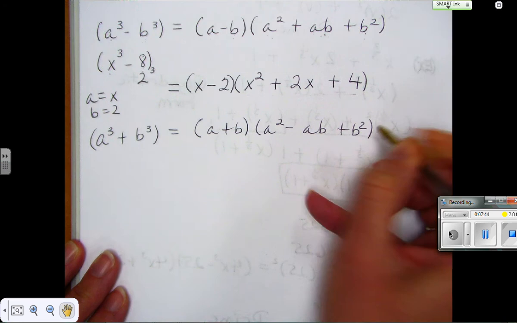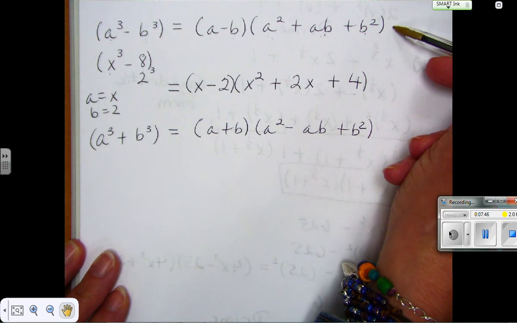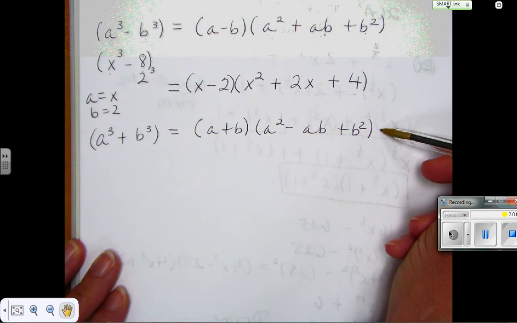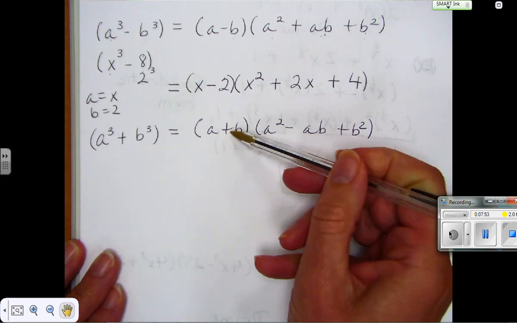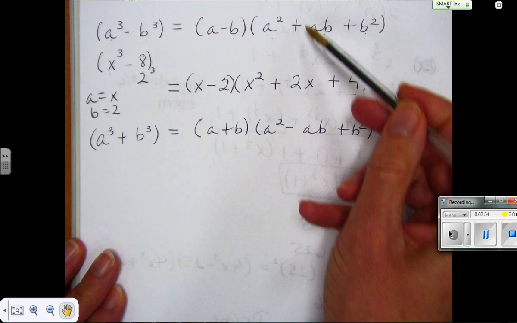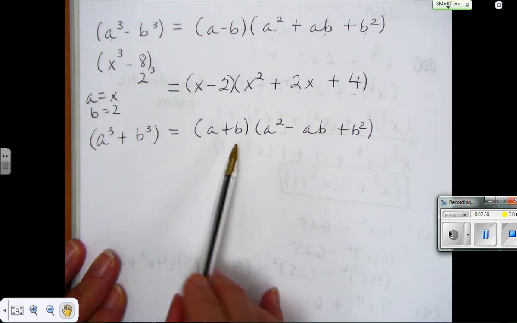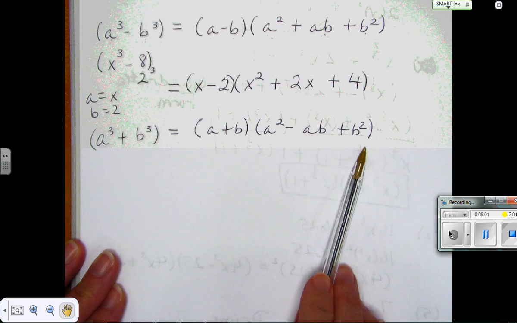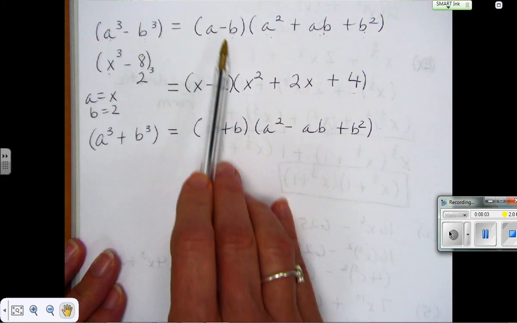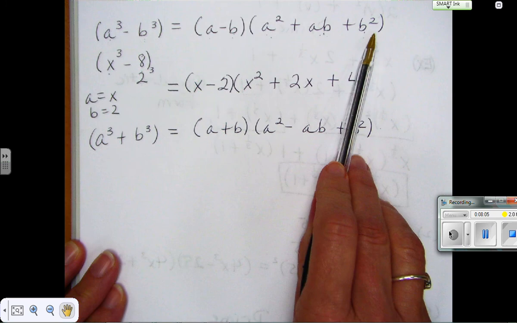If you look at the factors for a difference and the factors for a sum, it's a very similar pattern. It's just that the plus and the minus are in different spots. You only have one negative. It doesn't matter if it's an addition problem or subtraction. It just matters where the placement is.